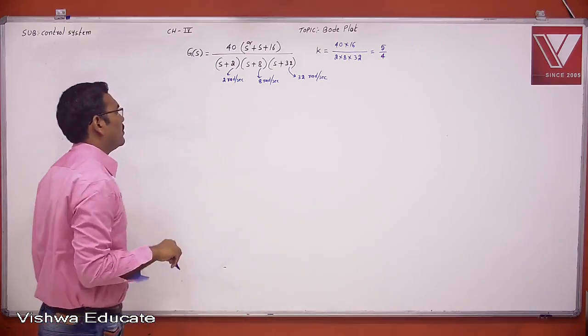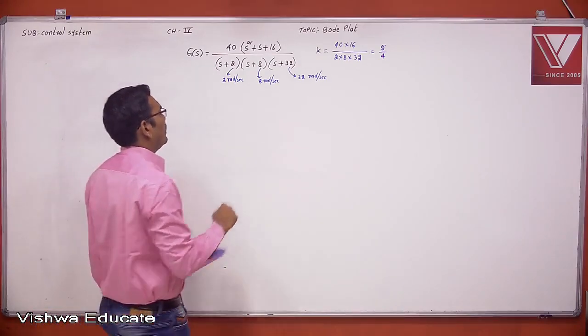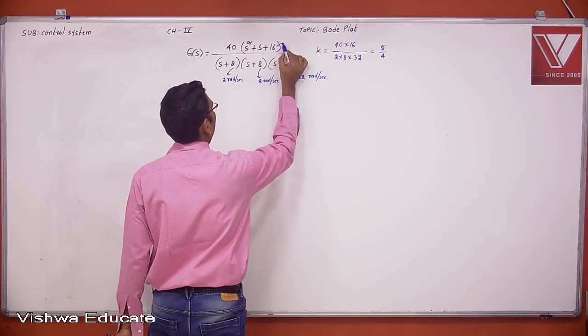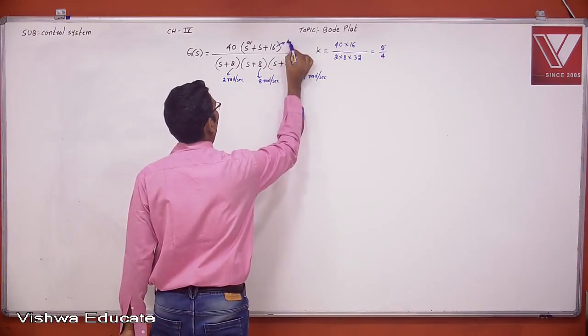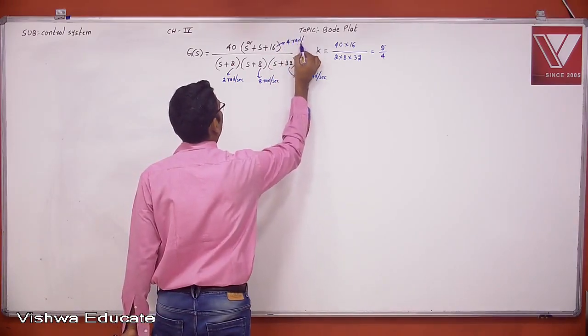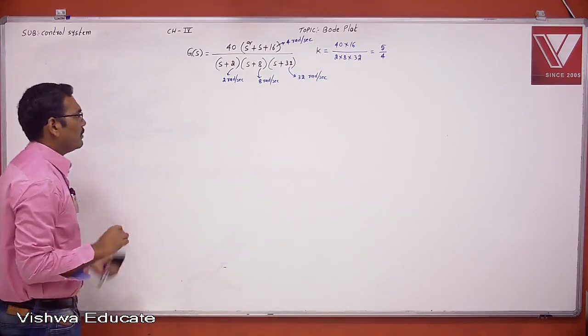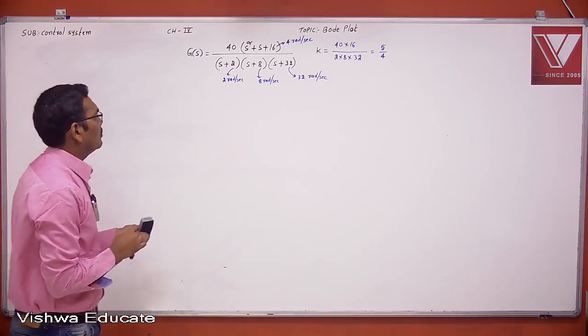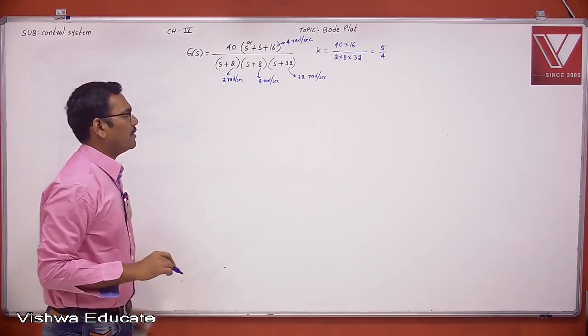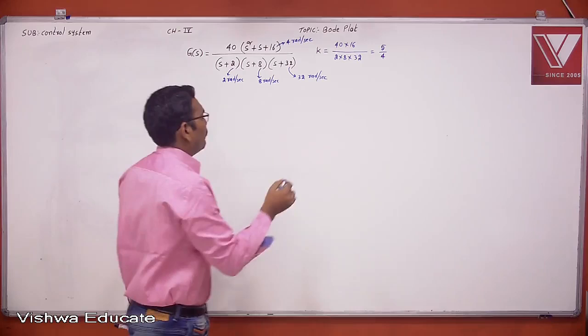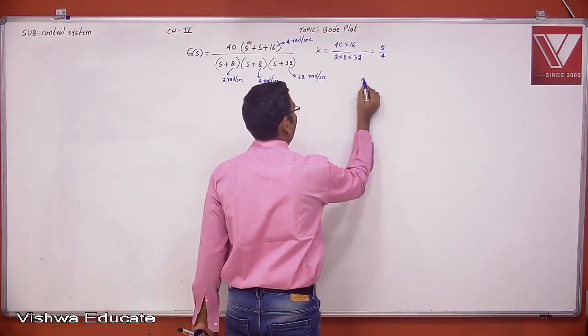Now s square plus s plus 16. Omega n square is 16, and omega n is root 16, which means 4 radians per second is the corner frequency. Right? Now the system gain and the corner frequencies are available. Now where do we start the Bode plot?